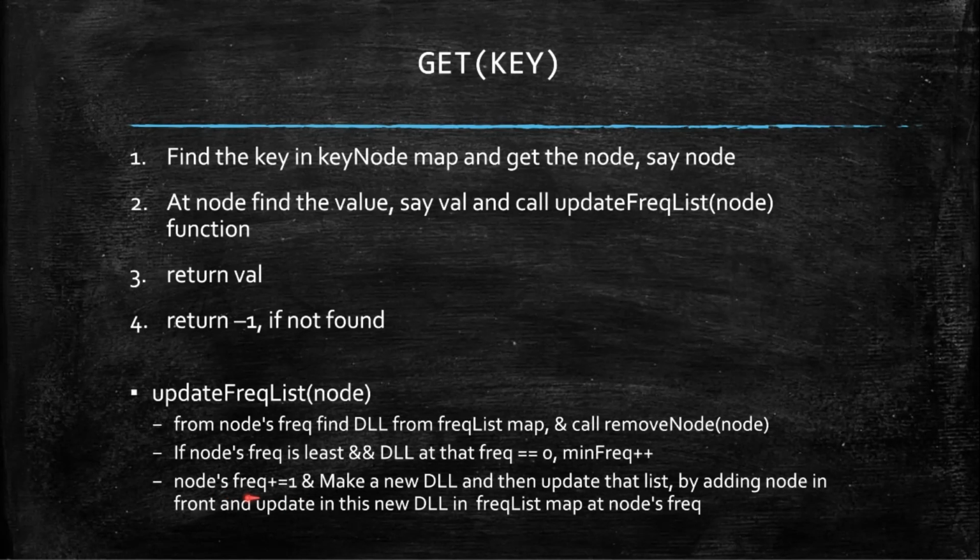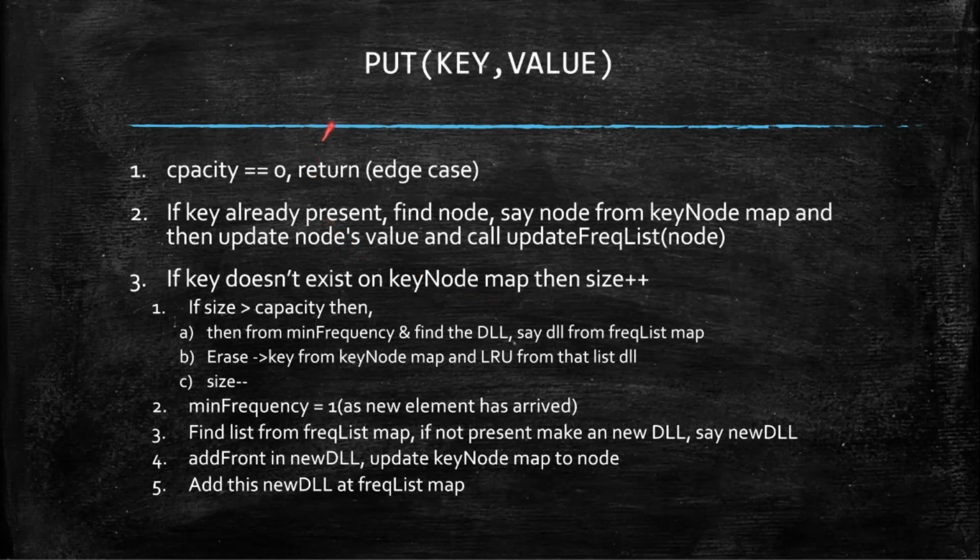I will increase the node frequency by 1 and update that doubly linked list into my frequency list, right? So now for implementing put, if the capacity of my cache is 0, I will return. It's an edge case.